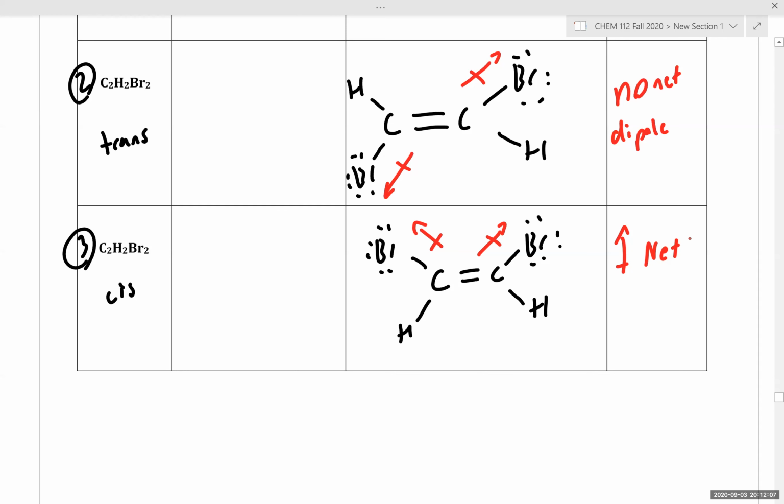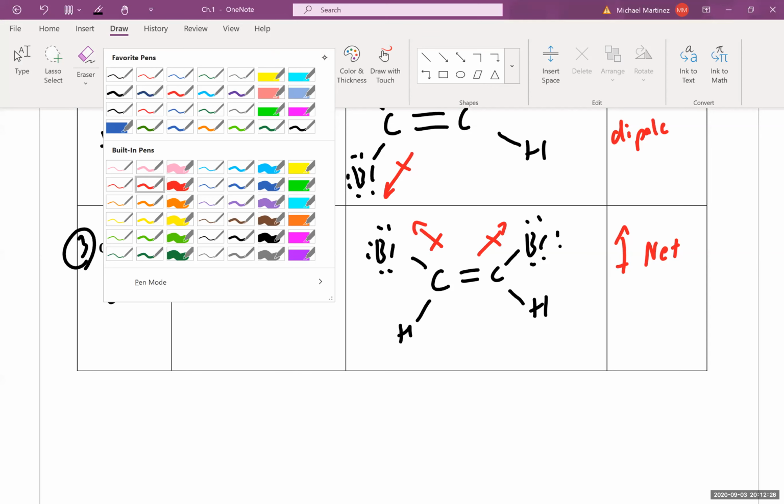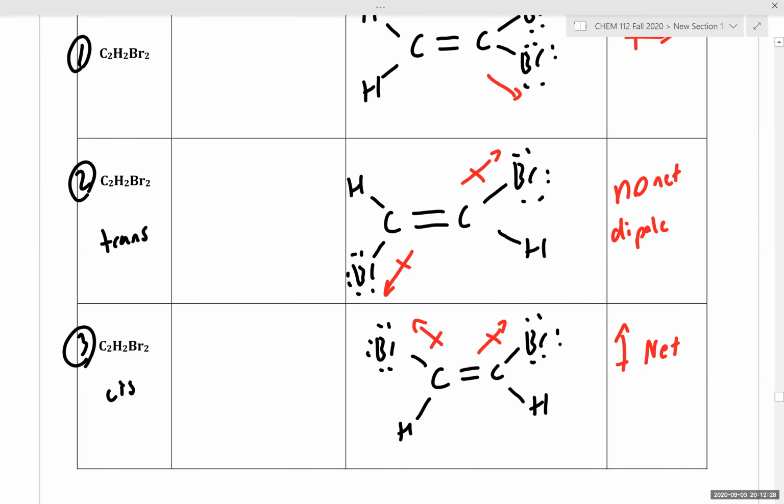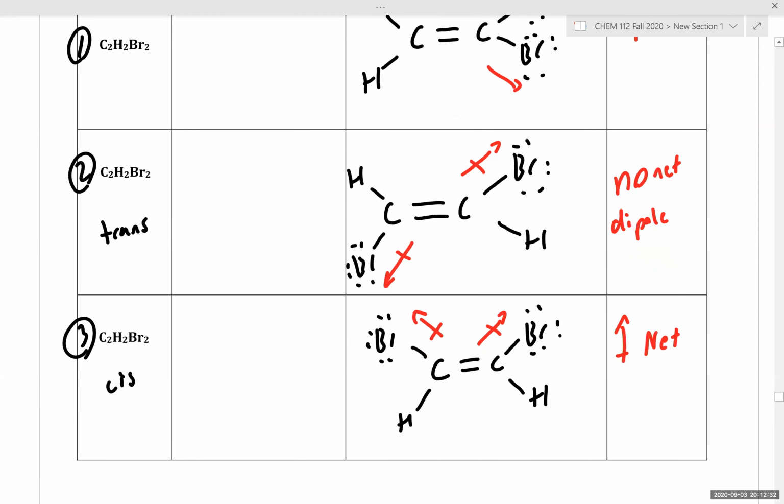Does this make sense to everyone? So this is a clear example where molecular symmetry leads to canceling dipoles and a net nonpolar molecule. So subtle differences both in structural connectivity and shape, stereochemistry, directly impact molecular polarity and properties.